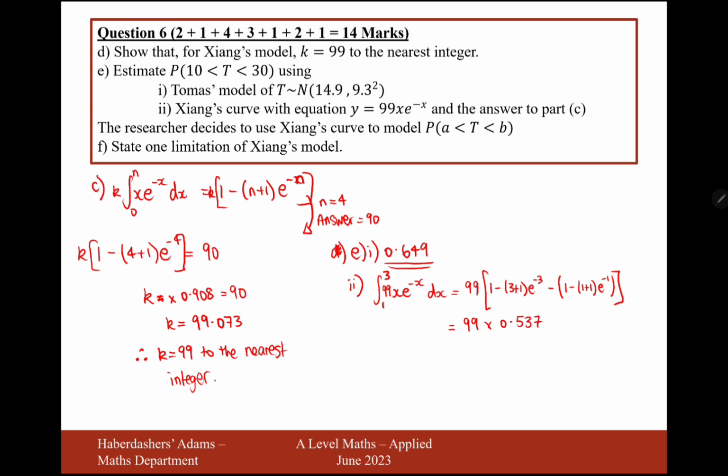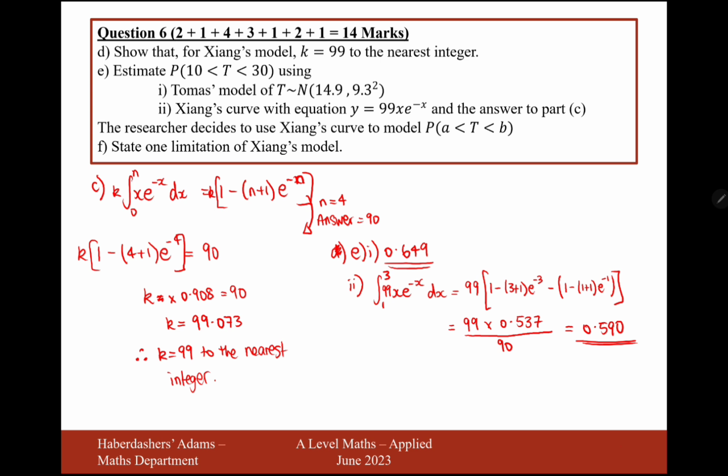Then that gets multiplied by 99 at the front, which tells us how many people are between 10 and 30. So the probability is then divided by 90 because there are 90 patients. So times 99 divided by 90, and we get 0.590. So that's the answer to part II.